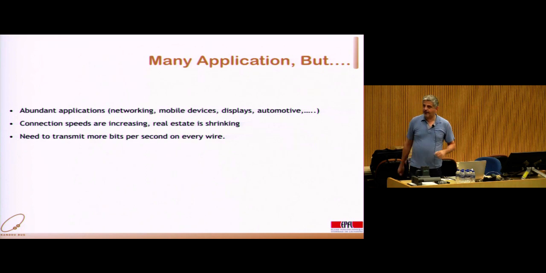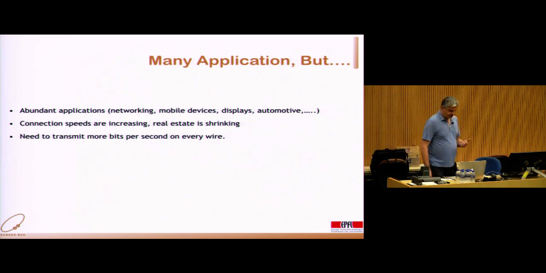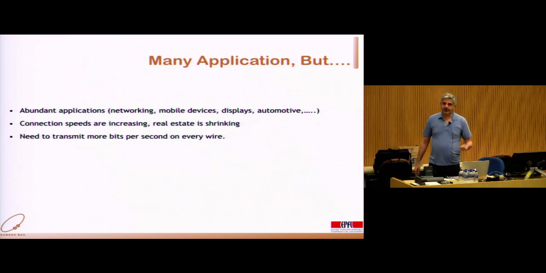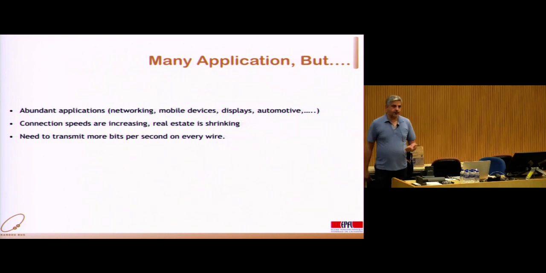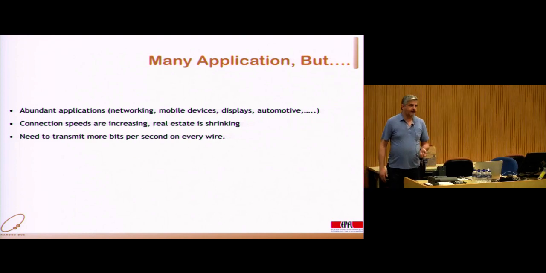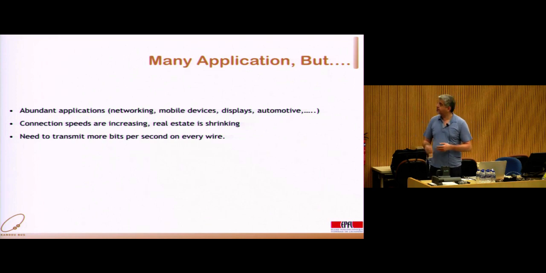The pins you have on your chips, you don't have more pins. So you have to send data at higher and higher rates through the existing wires. And as we will see, this causes issues because the higher the frequency of the operation, the more noise you have. And that noise you have to somehow cancel. And the canceling costs power. So how do we do that?